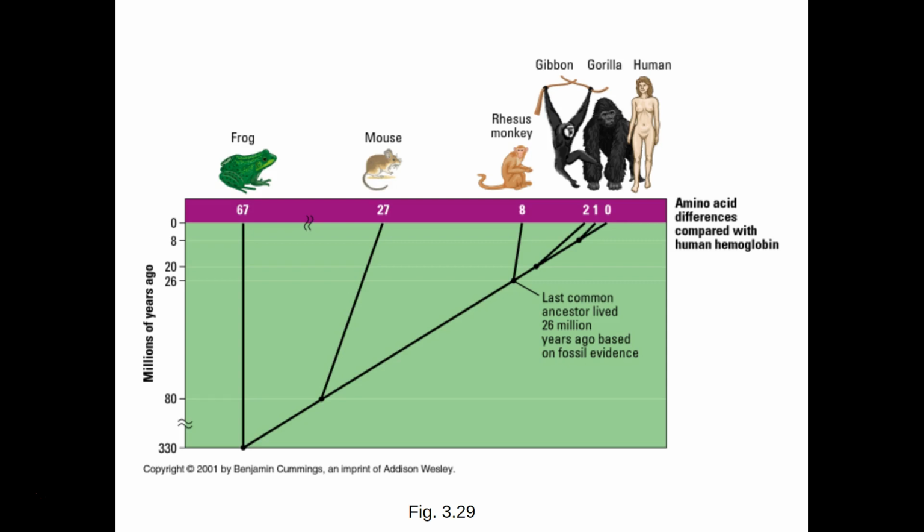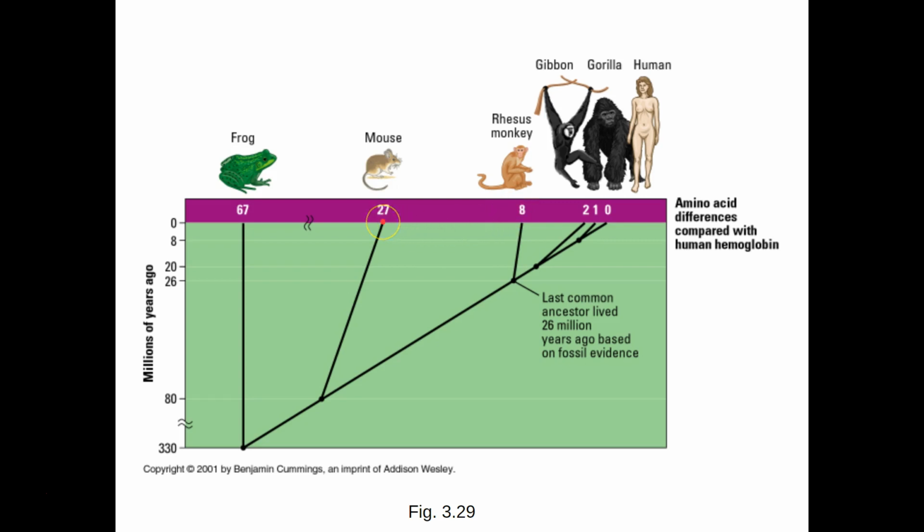acids all hooked together to make a protein. So the hemoglobin protein between humans and gorillas is 1 amino acid off. And between humans and gibbons, it's 2 amino acids off. So these 3 organisms are incredibly close to one another, at least in terms of this one particular protein. And then rhesus monkeys, they're still pretty close, but they're further out.